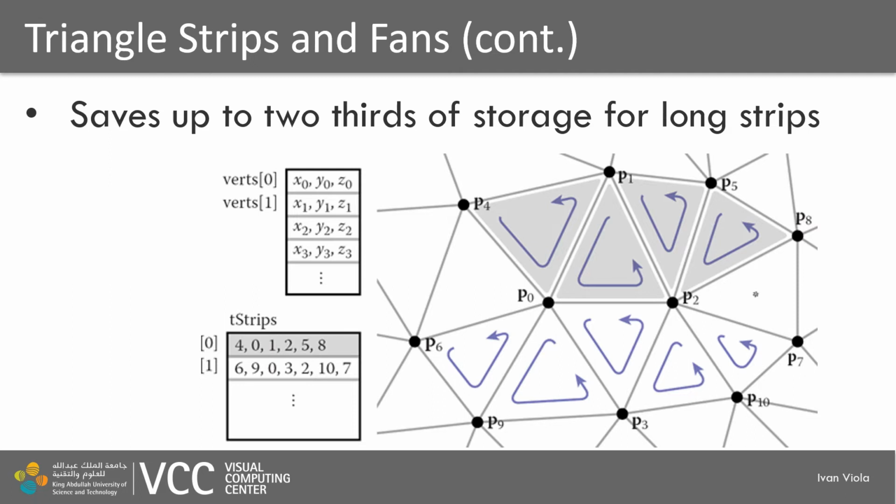And an infinitely long triangle strip will save us 2/3 of the storage. So it will only require 1/3 of the storage as compared to the vertex representation in a separate array and with an index mesh.